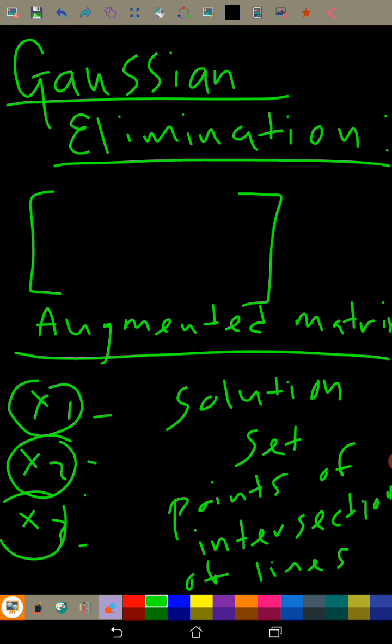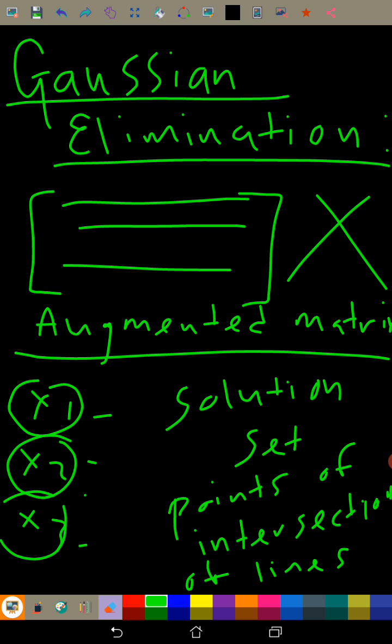We had a lot of equations here, and we want to know where all three of them intersect.